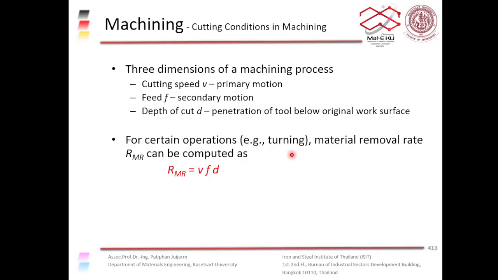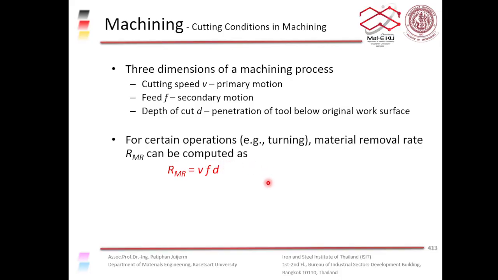For certain operations like turning, when you're operating a lathe, the material removal rate is V times f times d, right? So the material removal rate depends on your cutting speed, your feed rate, and your depth of cut.